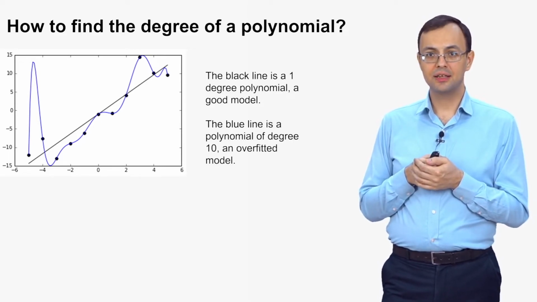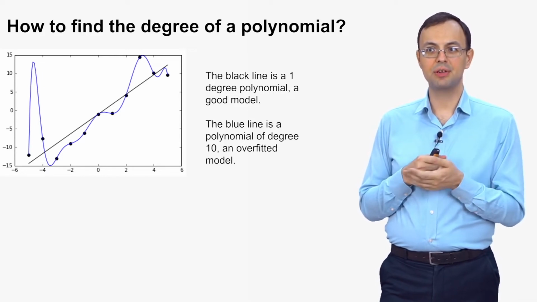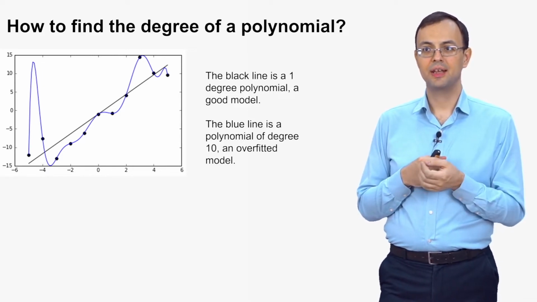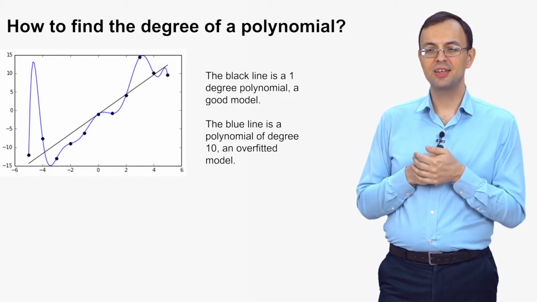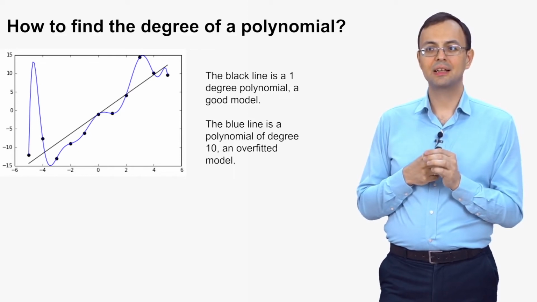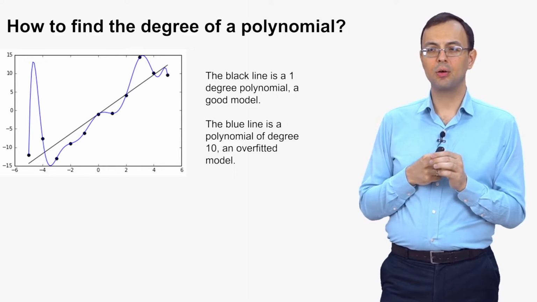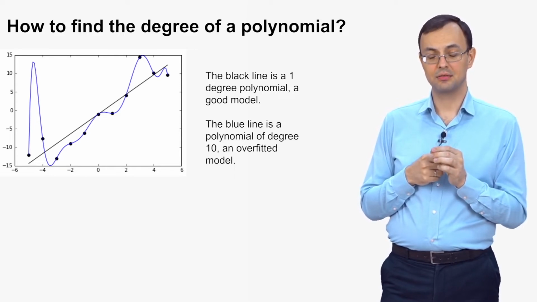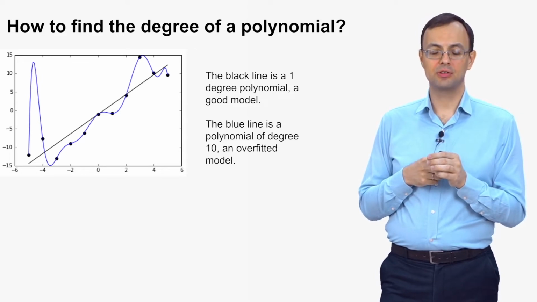The black line is a graph of a first degree polynomial, a line, and this is a good model to describe this relationship. We see that points are pretty close to the black line. And the blue curve is a polynomial of degree 10. And this is what we call an overfitted model.